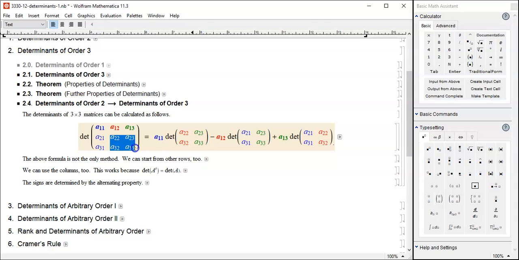So what's left? These, and multiply by the determinant of the remainder. Okay, that's one.